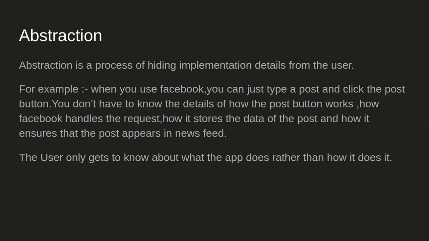So you don't need to go into the details to post a simple update on your newsfeed. Facebook takes care of all of that. So whenever you are designing code, you should think that whoever is going to use my code doesn't need to know the details of how I am implementing the functionalities. He should only know what functionalities are being provided by my part of the code.